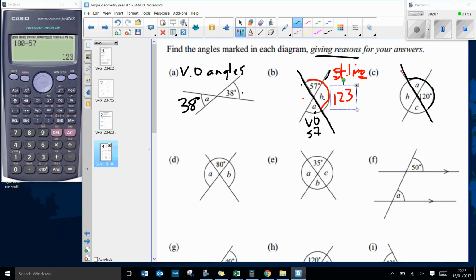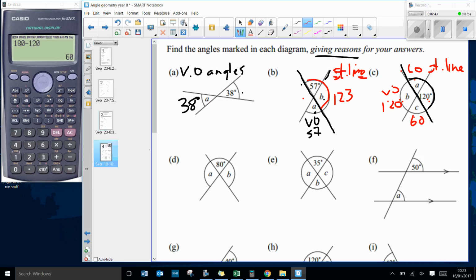So 180 subtract 120 gives us 60. So we know that angle A is 60, and that's a straight line. Angle B is vertically opposite, so that's a vertically opposite reason, and that's 120. And then C you could also do as vertically opposite, and that would be 60.